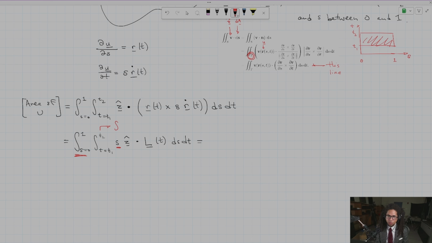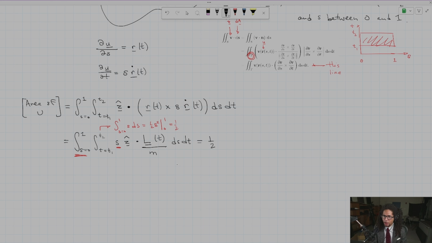Okay, so the s integral I can carry out really easily. The integral from s equals 0 to 1 of s ds is equal to 1/2 s squared evaluated from 0 to 1, which is just 1/2. Okay, so I get 1/2. Oh, and I forgot it's not L, but rather L over M. Got to make sure my dimensions are right.